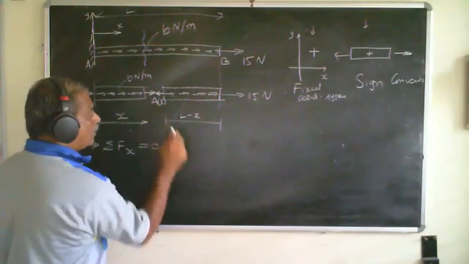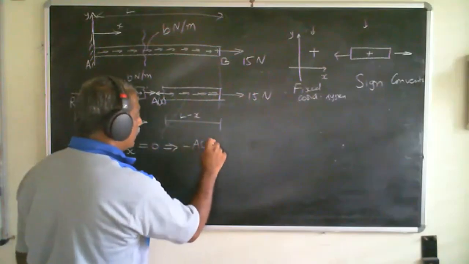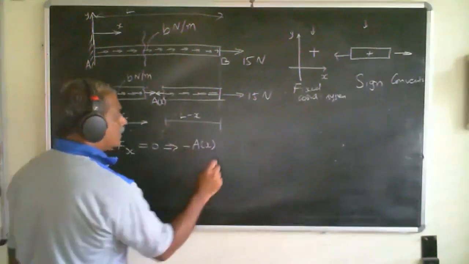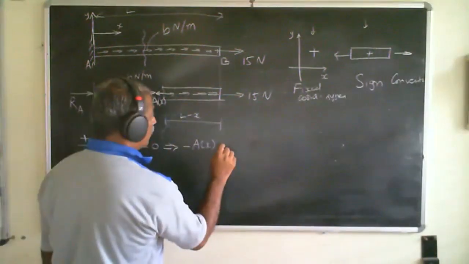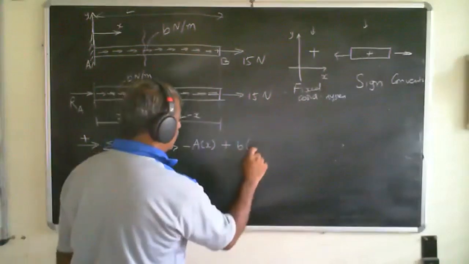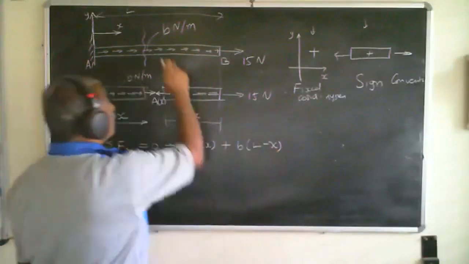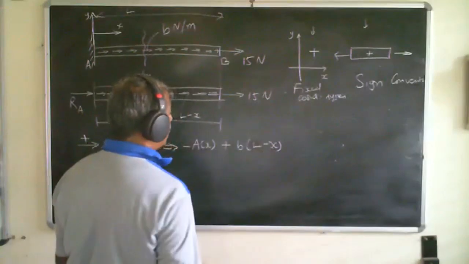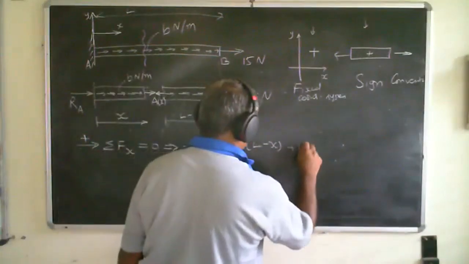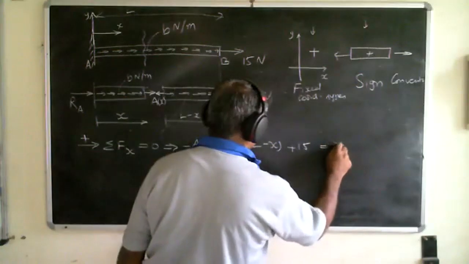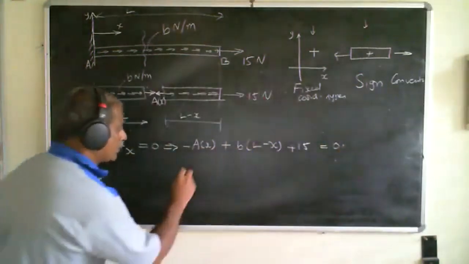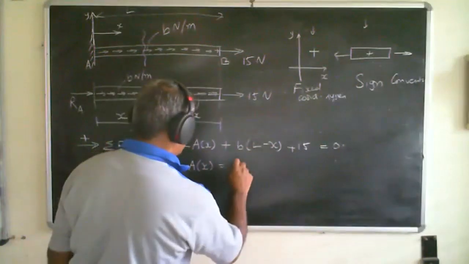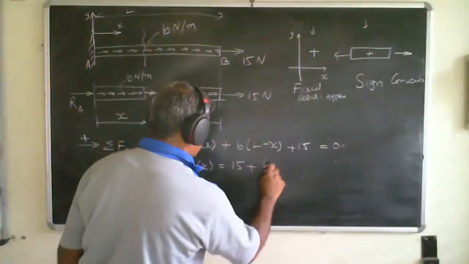This is in the opposite direction, minus A of X. This is B acting over a length L minus X. So it will be positive B times L minus X, because remember this is force per unit length. So B times L minus X plus 15 is equal to 0, right? From which it is possible for me to find out A of X is equal to 15 plus B into L minus X.